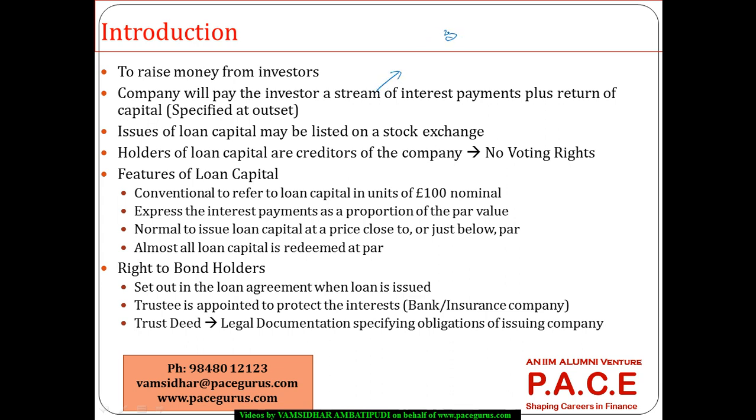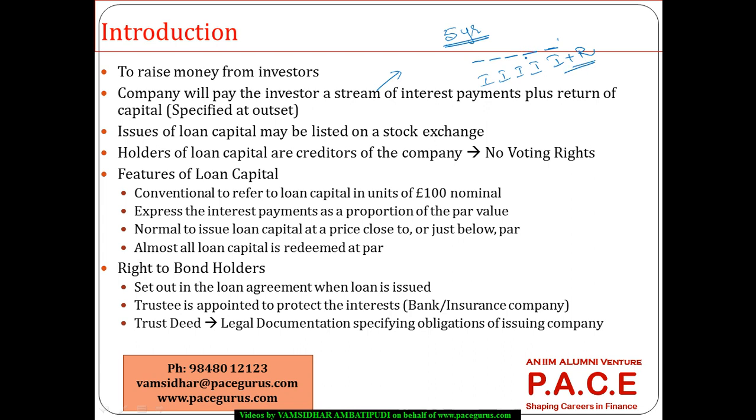Let's say we are talking about a 5-year bond. For 5 years, the company has taken something on loan. Now, in this, there are two ways. Every year up to 5 years, the company can just pay an interest that is mentioned at the outset, and in the final year, it can return the capital.